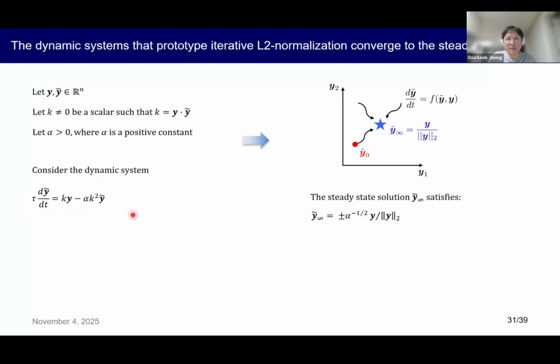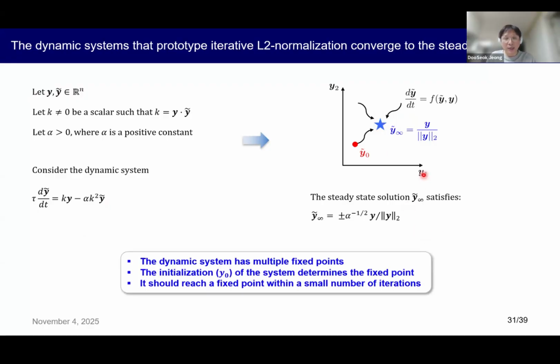If you have this dynamic system, you can see from the proof that it has this fixed point, which corresponds to the L2 normalized vector, y tilde at infinity. If you just keep solving this dynamic system, you end up at this fixed point. That's the basic idea. All right, good.